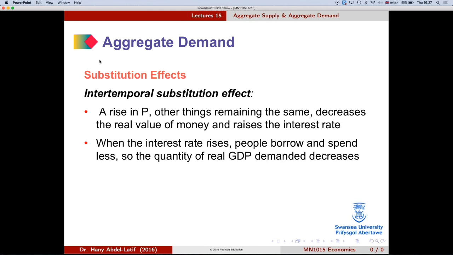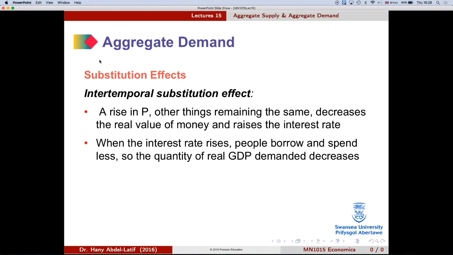When the interest rate increases, people will borrow and spend less, and this again will decrease their demand, so the real GDP demanded will decrease. So what we're trying to do here is explain why this demand curve is a downward sloping demand curve, or why there is a negative relationship between the price level and the quantity of real GDP demanded. As we said, the first reason is the wealth effect. The second reason is the substitution effects.